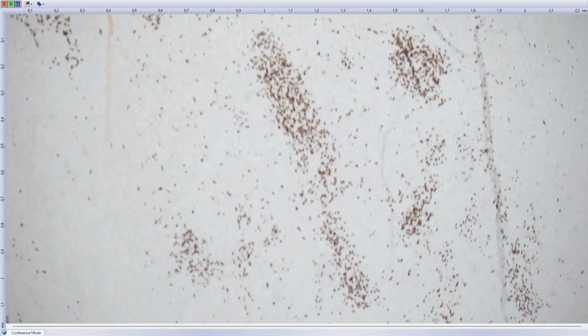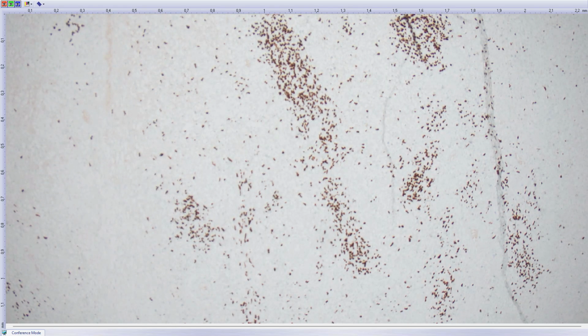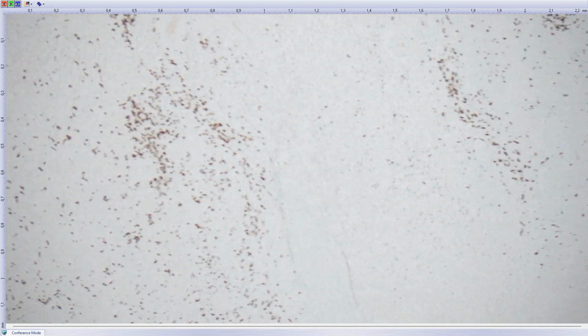Yes, good question. So based on morphology and immunophenotype, this was concluded to be embryonal rhabdomyosarcoma, and we then did immunohistochemistry.